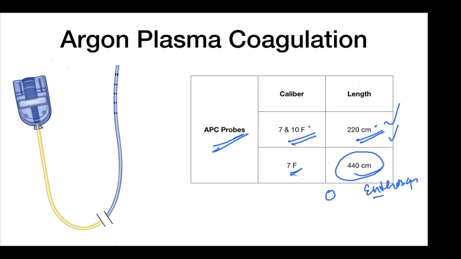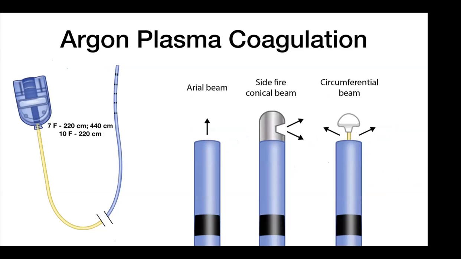And then when you talk about the tip, there are different varieties of APC probes. The majority of us use the forward jet or axial beam. If you want a side fire, there is a device. And if you want a circumferential beam, there is a device. But the majority of us use the forward jet.